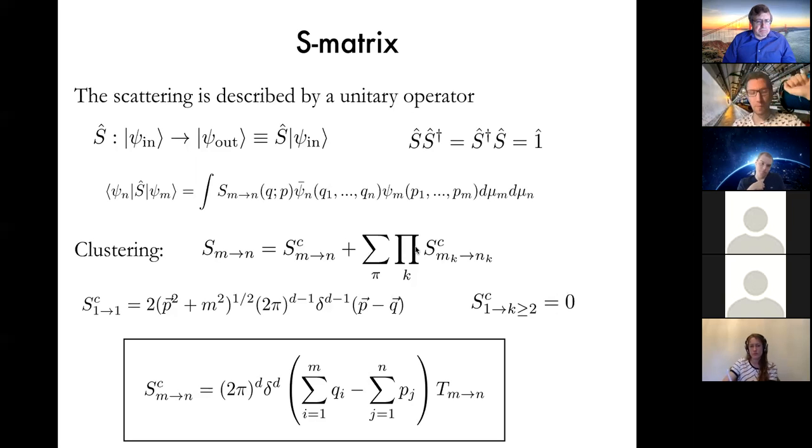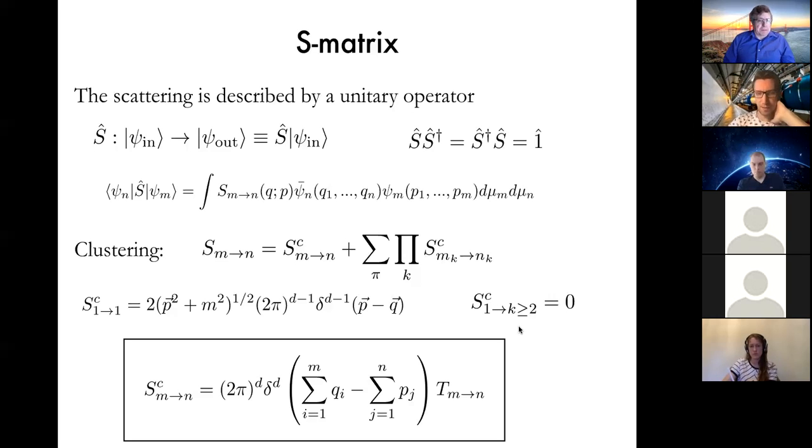This is also familiar. Another simple non-perturbative result is that we're assuming that one-particle states are stable, and Lorentz invariance completely fixes the one-to-one transitions. Since one particle is stable, it does not decay into more than one particle, so these elements are zero.